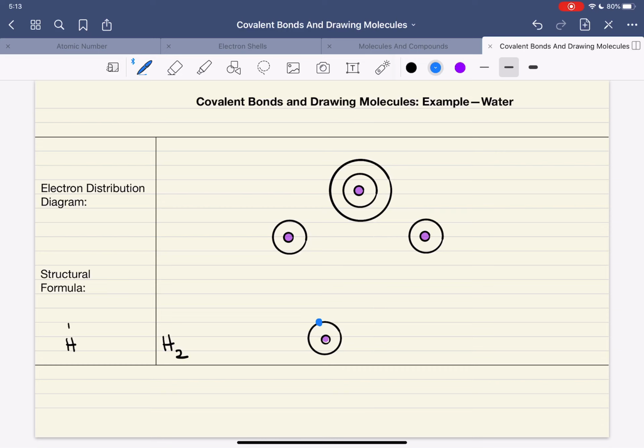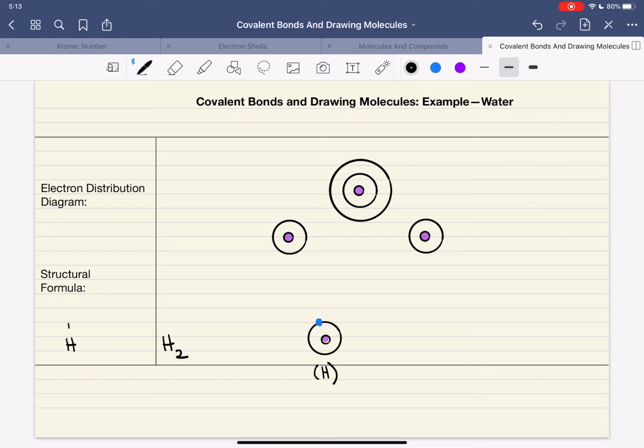Now ask yourself, what does this single hydrogen atom really want? The answer should be that it really wants a full outermost shell. The outermost shell of hydrogen is just the first shell, so it doesn't need to get to 8. It only needs to get to 2 to have a full valence shell.